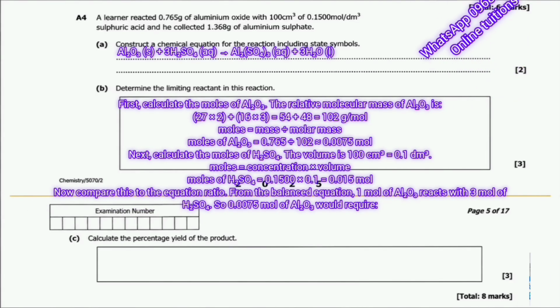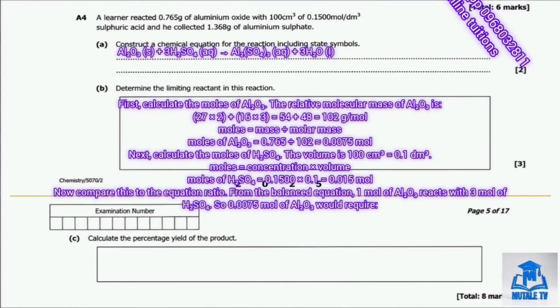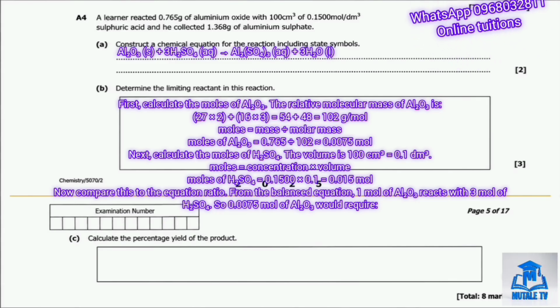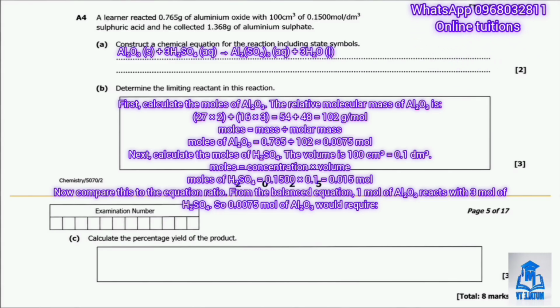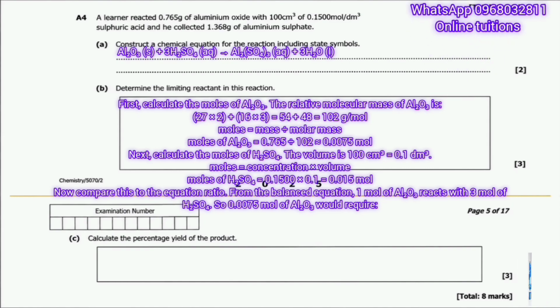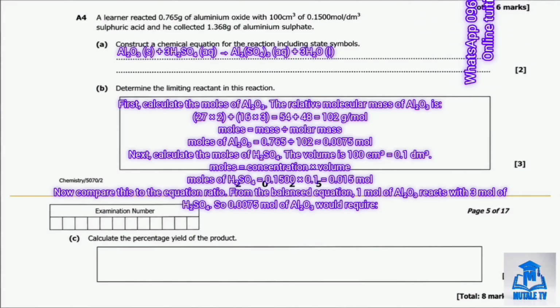The relative molecular mass of Al2O3 is 27 times 2 plus 16 times 3, which gives us 102. Moles equals mass divided by molar mass, so 0.765 divided by 102 gives us approximately 0.0075 moles of aluminum oxide.